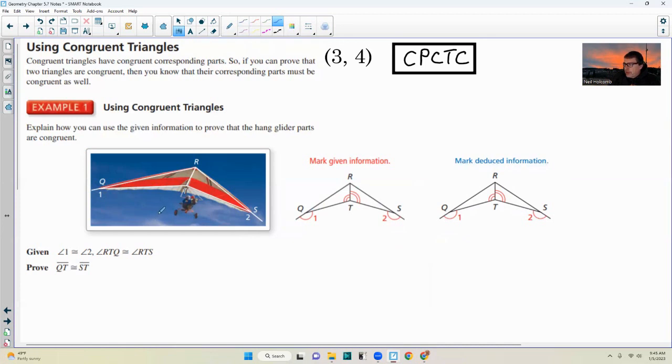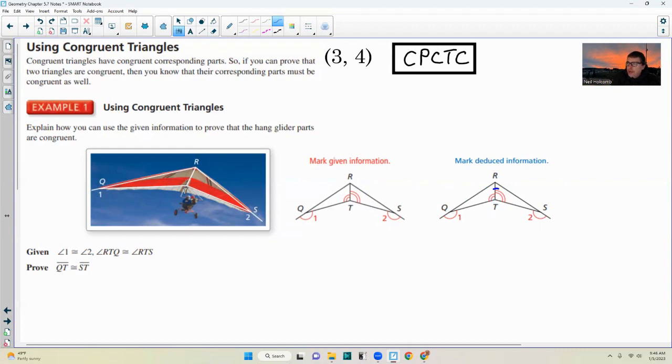So we know QT is congruent to ST if these two triangles are congruent. RT is congruent to itself. We do know that by the reflexive property.